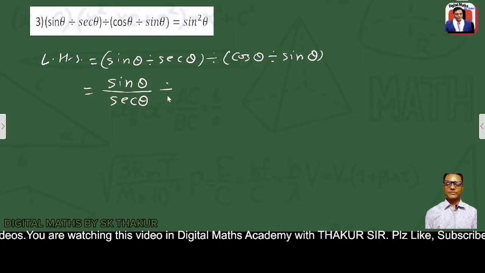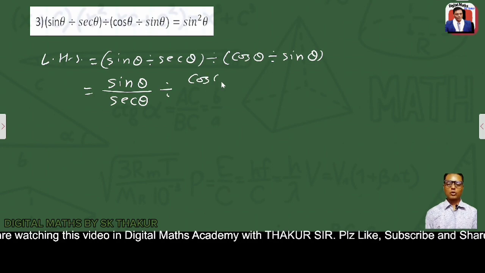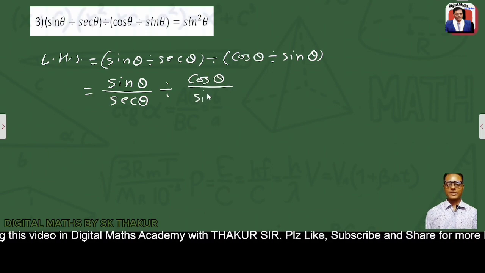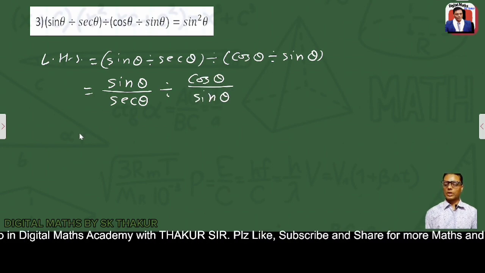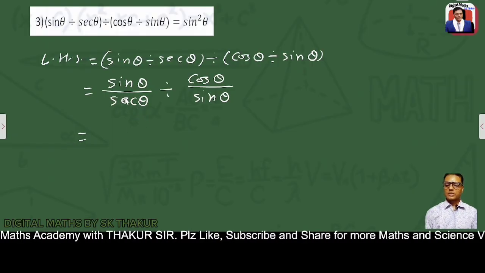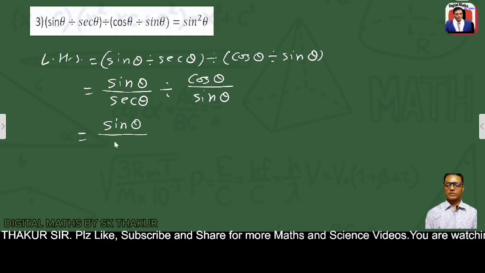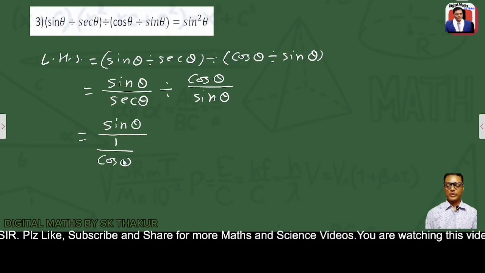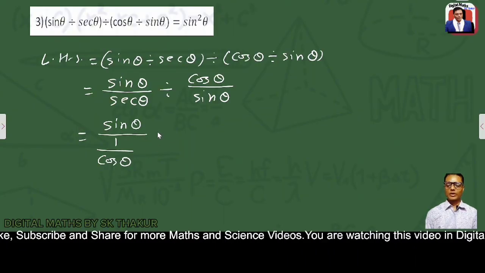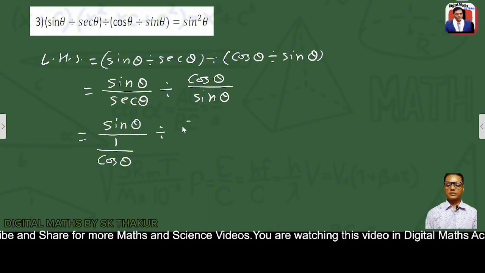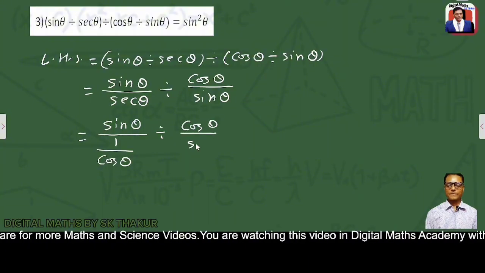After that, here is the division sign, and we can write here cos theta by sin theta. Now sin theta, here we have sec theta, so we can write sin theta over 1 by cos theta, because sec theta equals 1 by cos theta, and there is a division cos theta by sin theta.